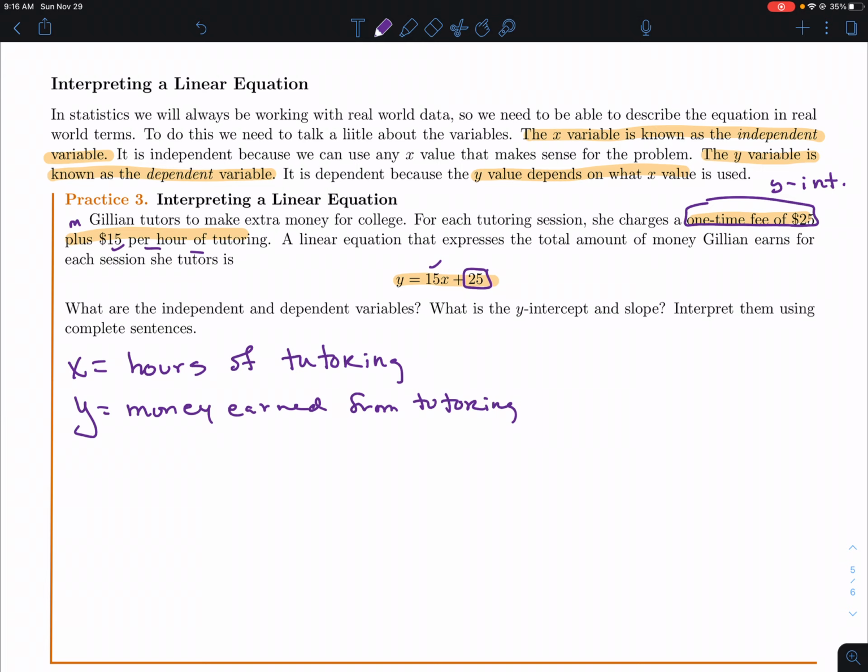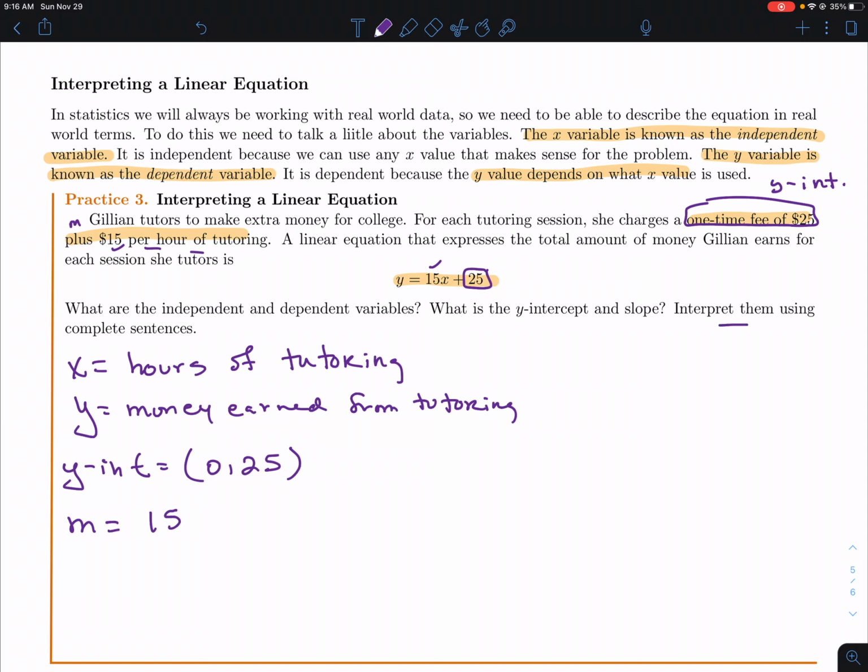So the y-intercept is going to be the 0, 25. It's going to be that one-time fee. The slope is the $15 in this case.